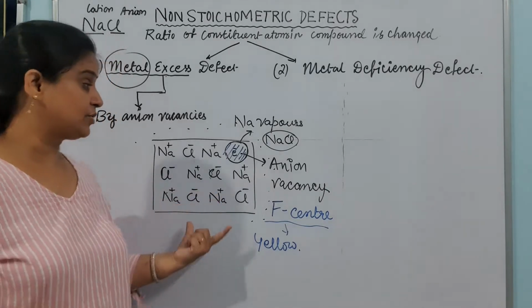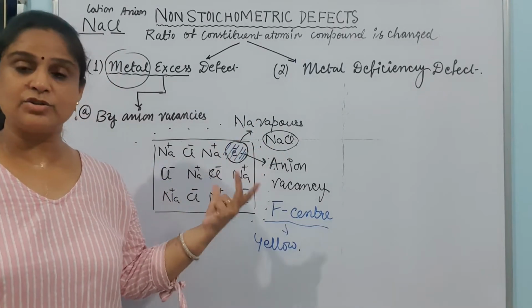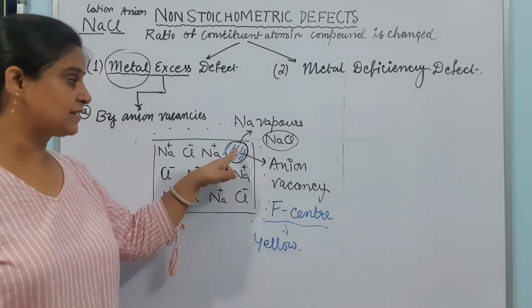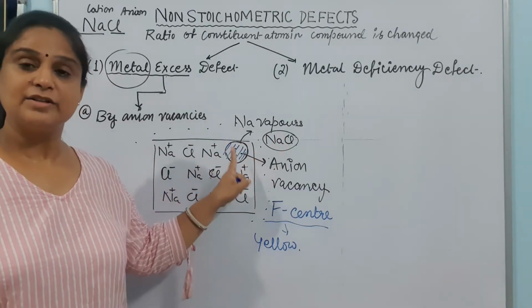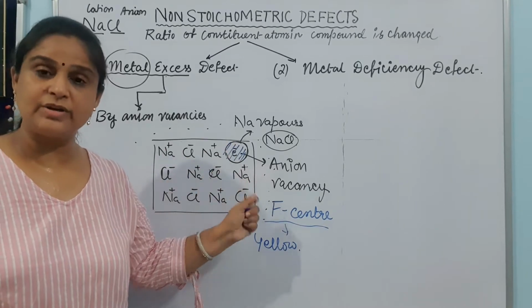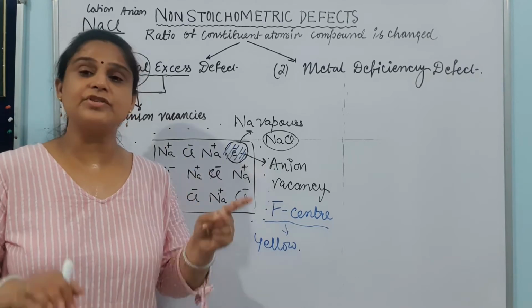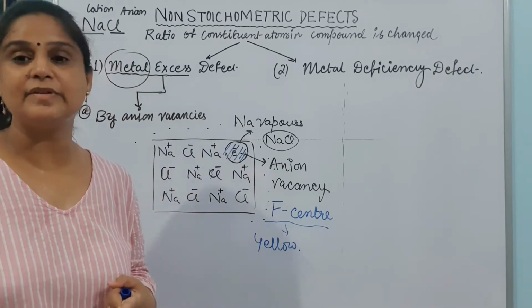क्यों हुआ? Because you are heating it in the presence of vapor, sodium vapors, and sodium vapors के साथ this chloride reacted, due to which the vacancy was created. This vacancy was occupied by an electron which was losing the energy and gaining the energy. The emitted radiation will decide कि कौन सा color will appear in this crystal.